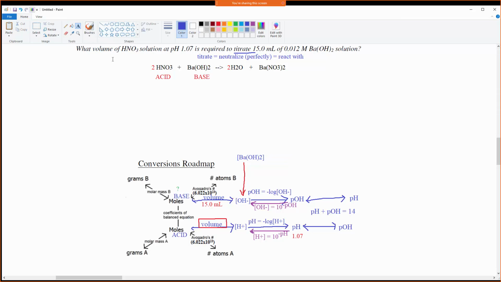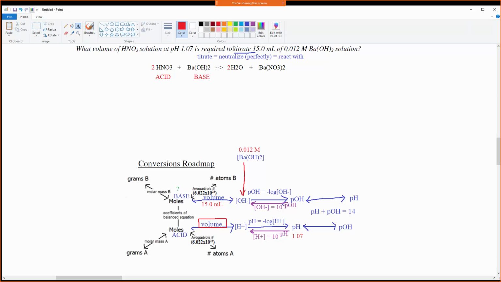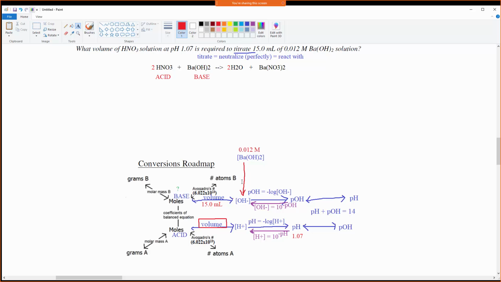Maybe I'll do it that way instead. Either way, you should recognize that here, I didn't just give you the pH and the pOH of my acid and my base. I specifically gave you the barium hydroxide right there. Okay, here's all my pieces.